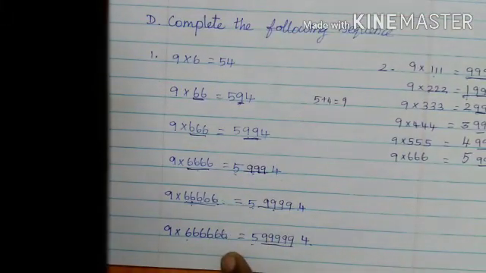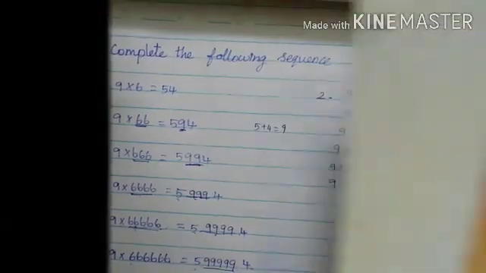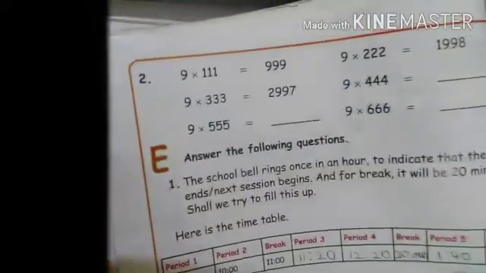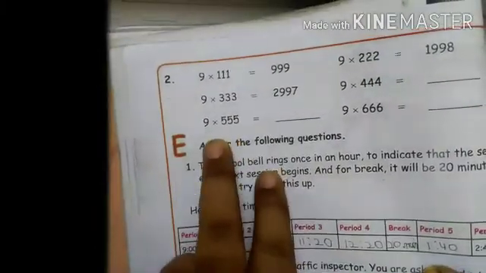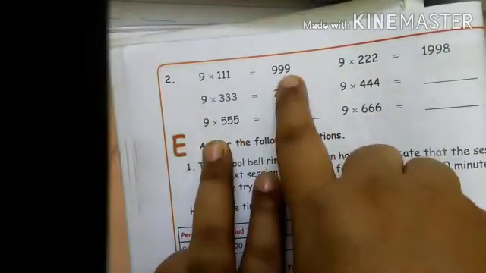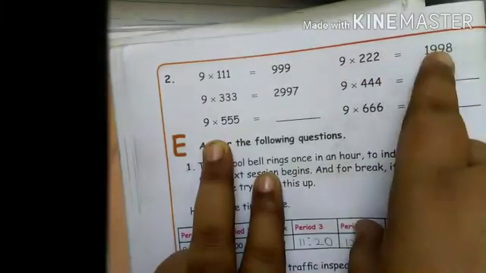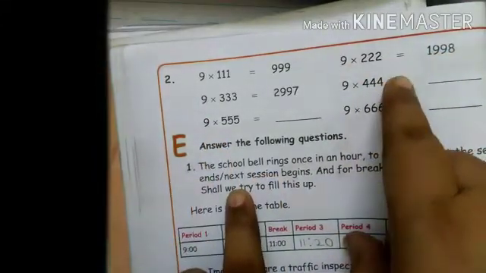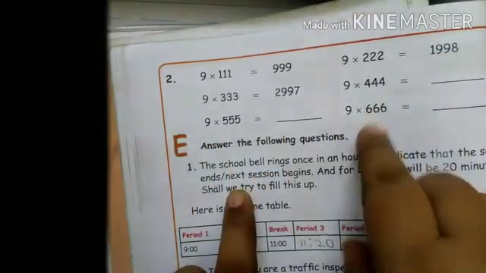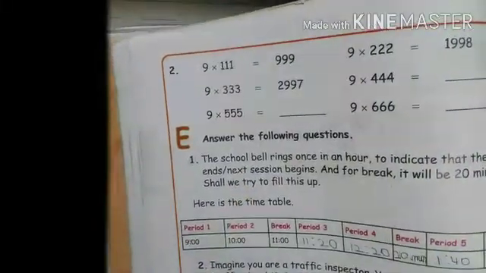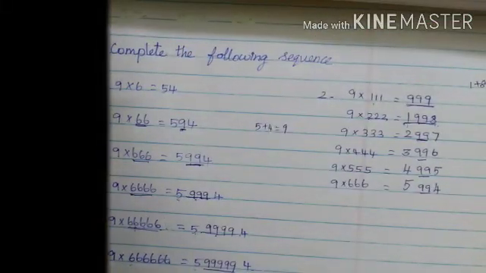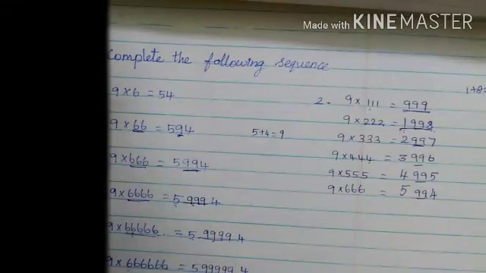You understand the concept, children? This is the second sum. This pattern is also given to you. So you find out for only 1, 2, 3 lines. So easy to understand. This second sum, do you understand that, children?